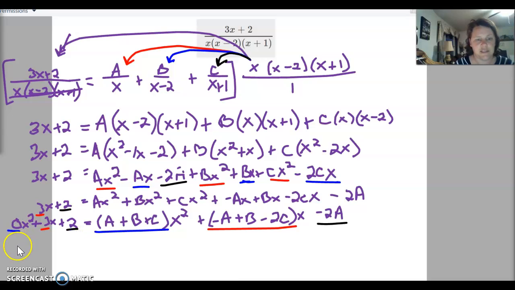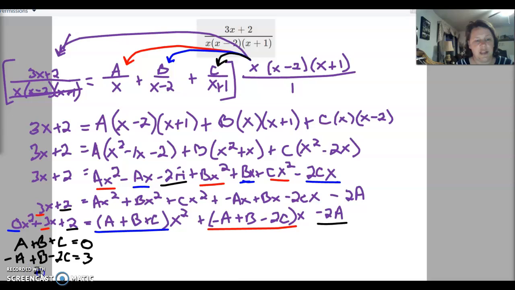So let's write a system of equations that shows all of this in one place. So we know that a plus b plus c must equal 0. We know that negative a plus b minus 2c equals 3.